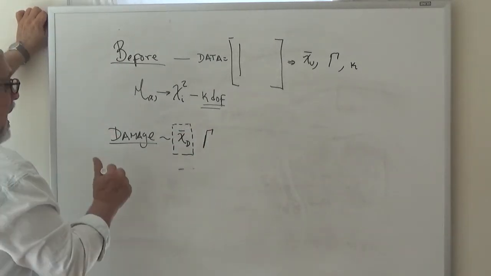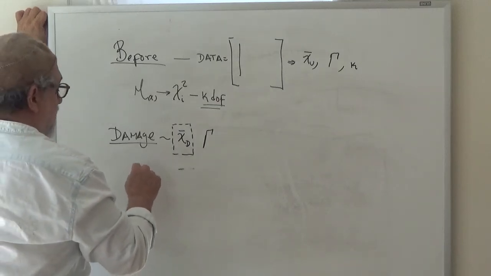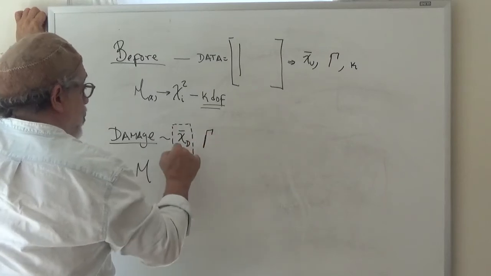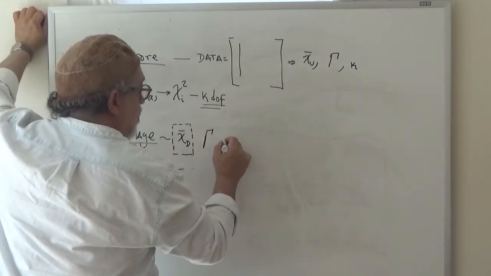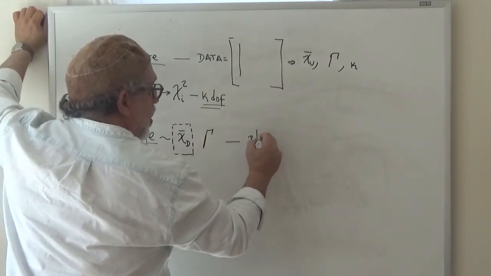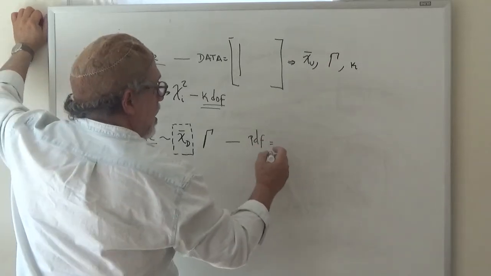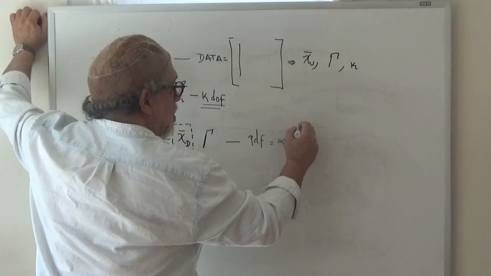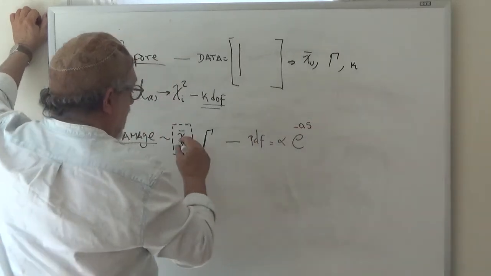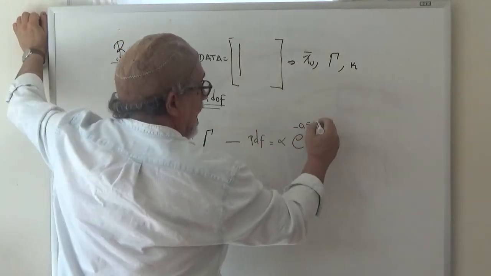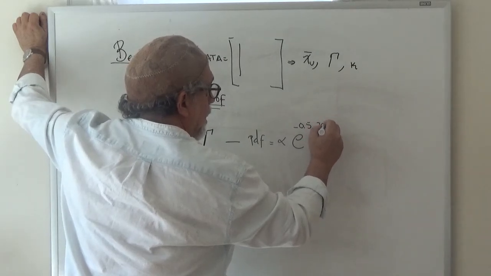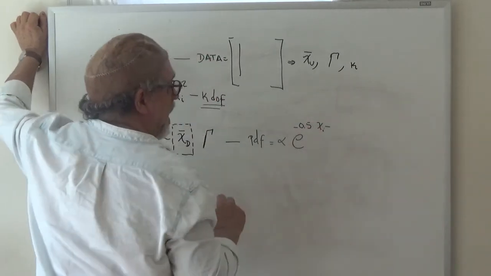Now, if we calculate the Mahalanobis distance of this distribution, because this distribution has a PDF, which is equal to alpha multiplied times e to the minus 0.5, and it should be what? It should be x minus what?